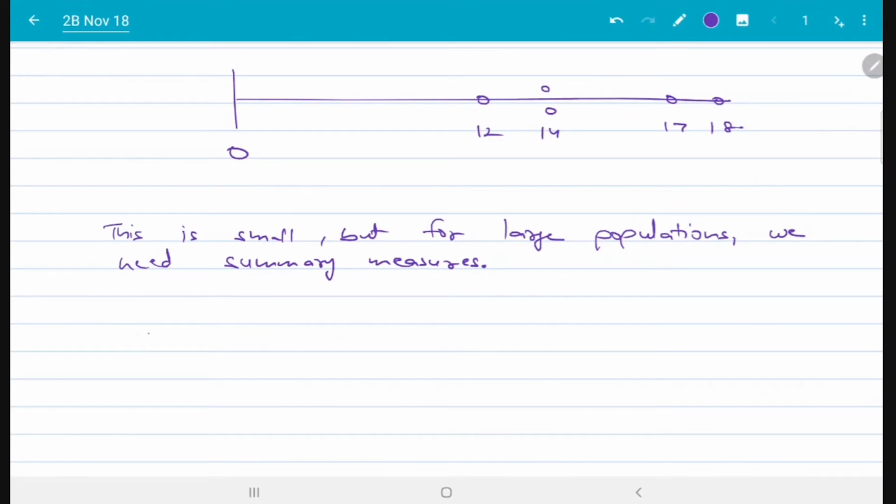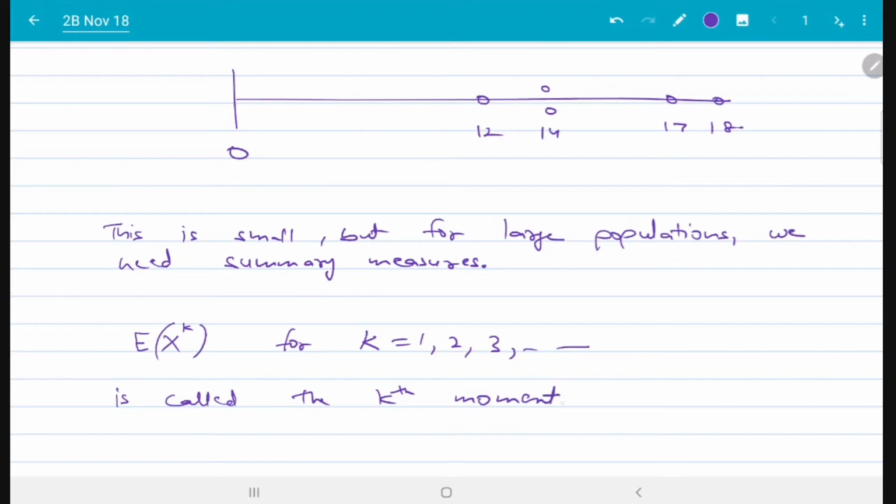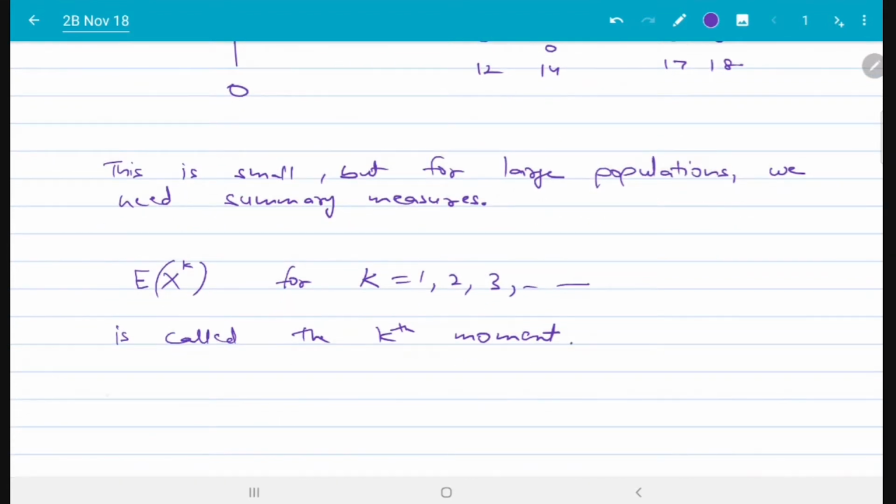Okay. E of x raised to power k, for k equal to 1, 2, 3, is called the kth moment, and these can serve as summary measures for a population.